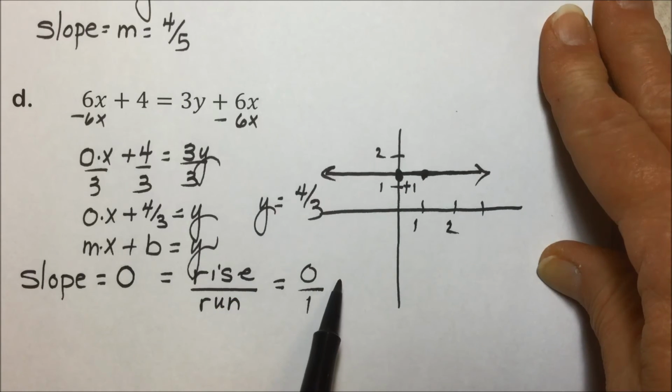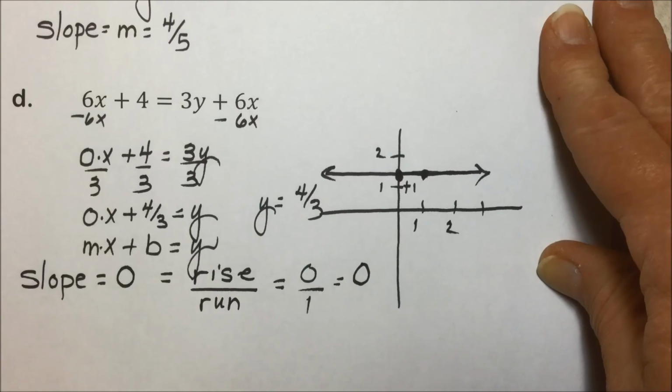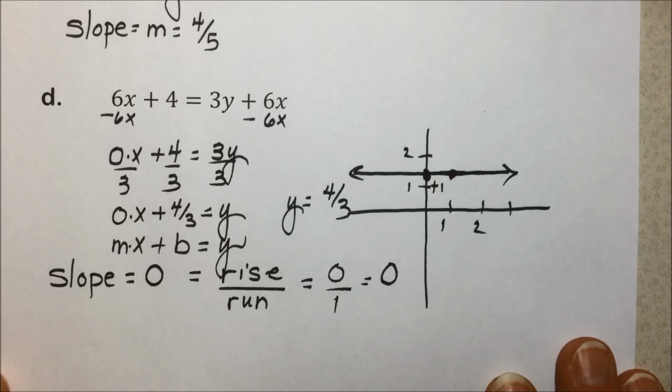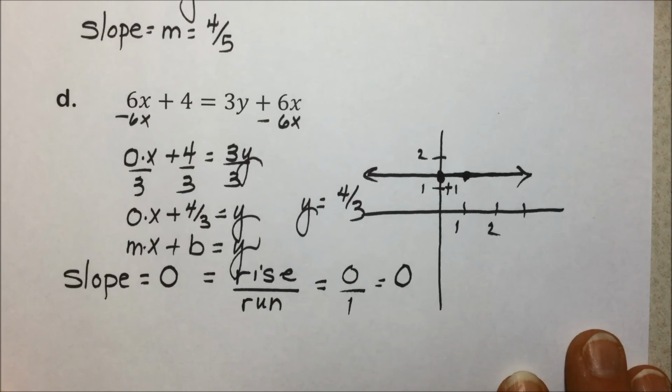And 0 divided by 1 is equal to 0. So there's kind of an explanation of what's happening when we have a slope equal to 0 on an equation. We also have, not here, but we will see if we have a vertical line that we have no slope or an undefined slope, and something to look at in another problem later.